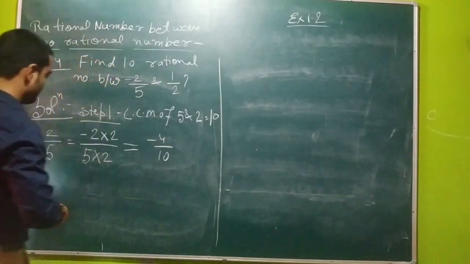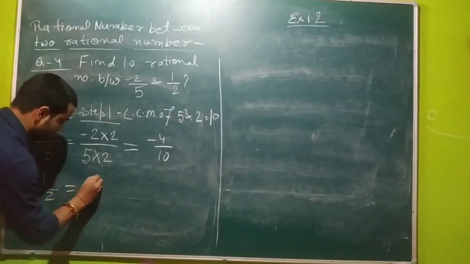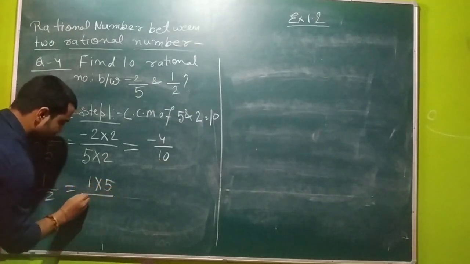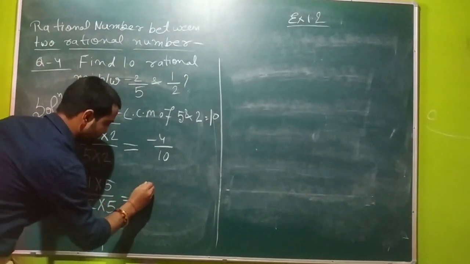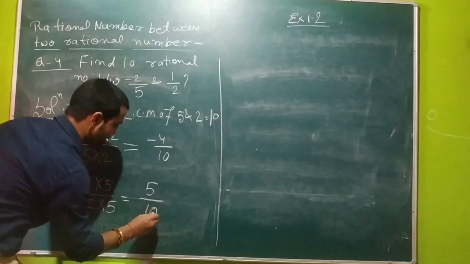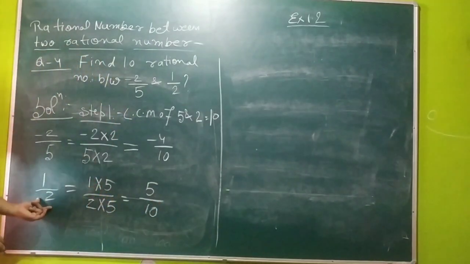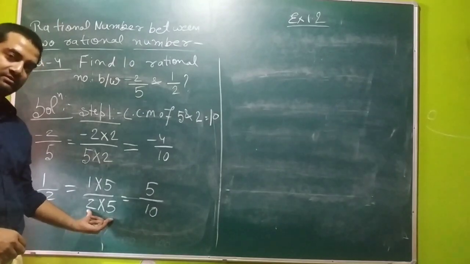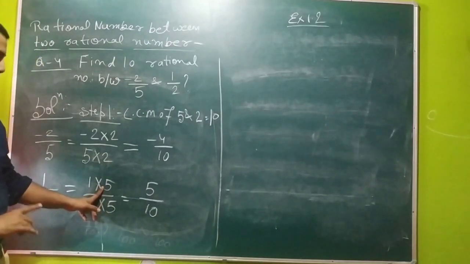In the same way, we will convert 1 upon 2 into a rational number having denominator 10. For that we have to multiply 2 with 5, and in the same way multiply the numerator also with 5.